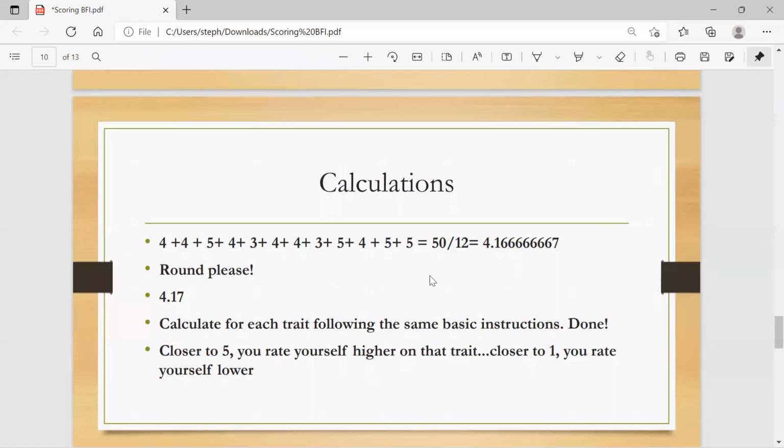Why are you dividing by 12? Because remember, there were 12 items for each of the subscales. So the 12 is looking at dividing by the extroversion subscale. This will give you a number. So for this one, the number was 4.1666666 forever, right? This is something that was rounded.